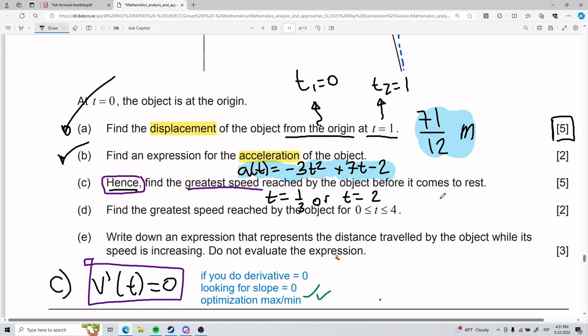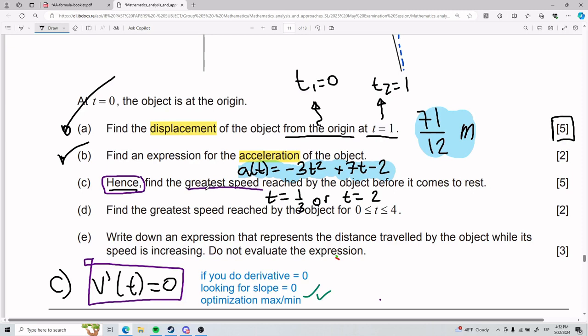Now here's the thing. You don't know if this is a maximum or a minimum. You just know that these are optimization points, okay? And so the greatest speed is either at t equals 1/3 or t equals 2. That is sort of the main idea.